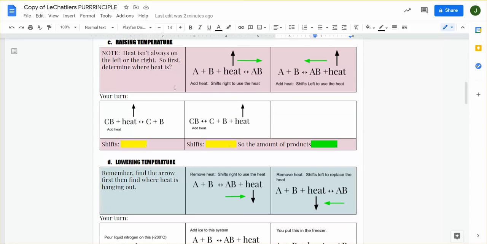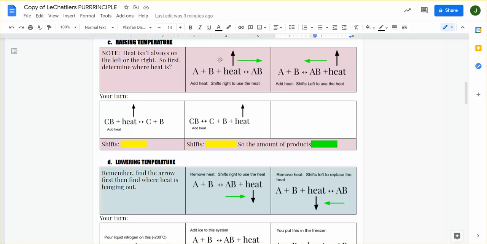When it comes to temperature, try to treat it just like a unit, meaning it could be on either side, since the reaction is either endothermic or exothermic, so just think of it like a reactant or product. Like, okay, in this example, heat happens to be a reactant.